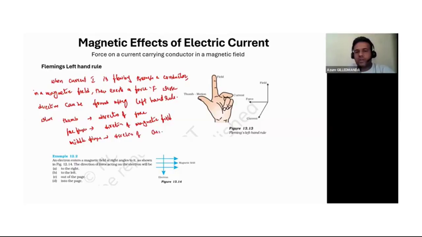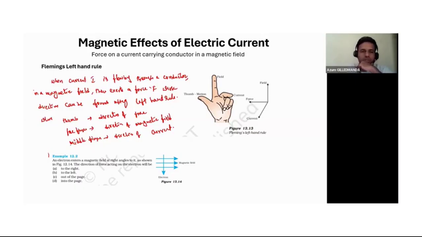So that is Fleming's left-hand rule, and all these three fingers should be perpendicular to each other.